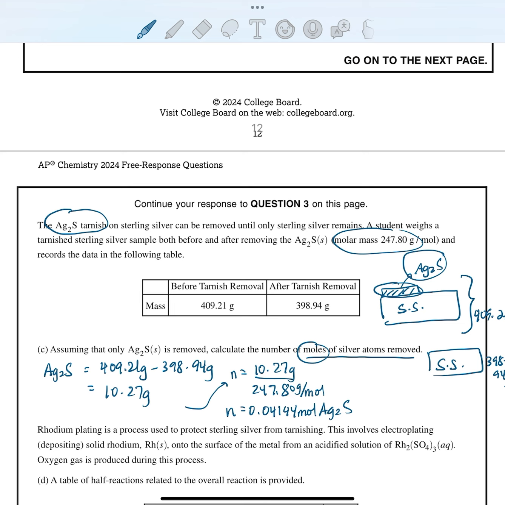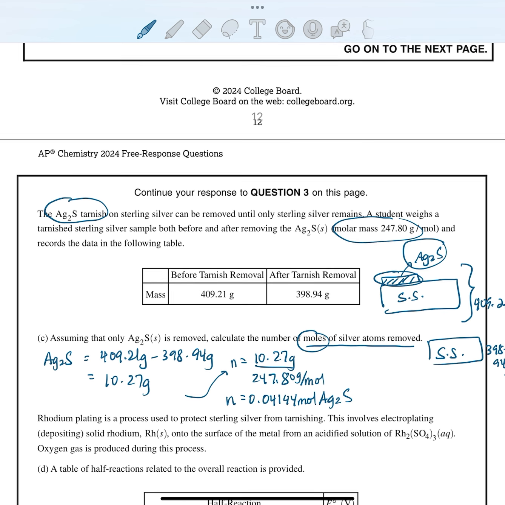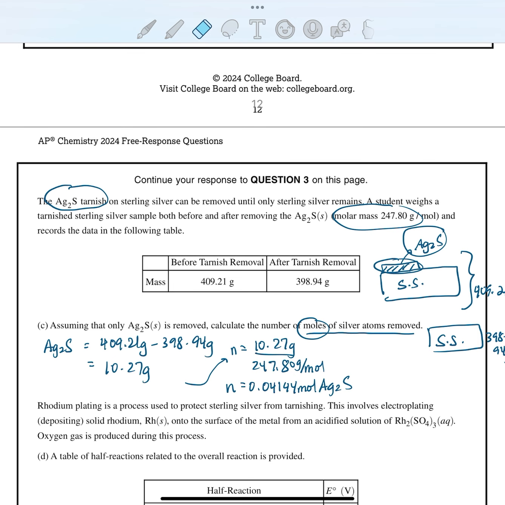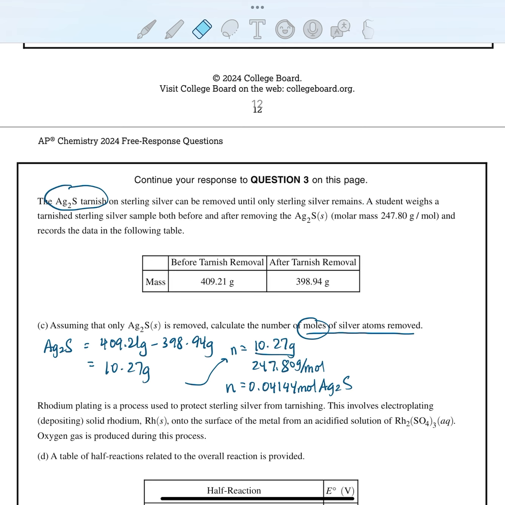So we can always do this by completing a mole ratio, which is a very useful strategy. I'm running a little bit out of space, so let me erase some of this. I'm going to write it down over here on the side. So what I'm going to say is the moles of silver, take the moles of what I know, which is the silver sulfide.